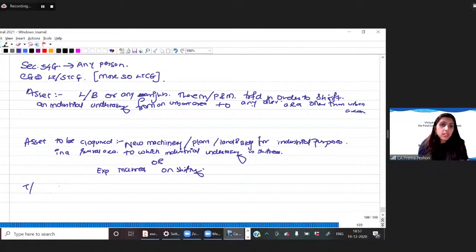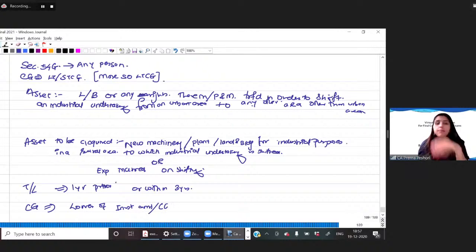Time limit is 1 year prior or within 3 years from the date of transfer. 1 year prior or within 3 years from the date of transfer. Capital gain exemption is the lower of invested amount or capital gain. Clear?